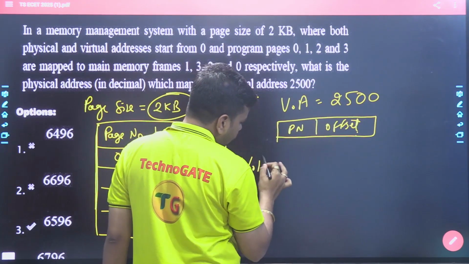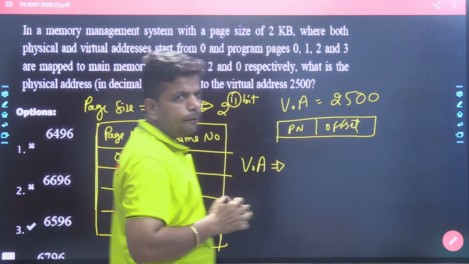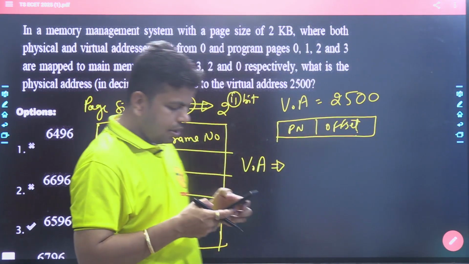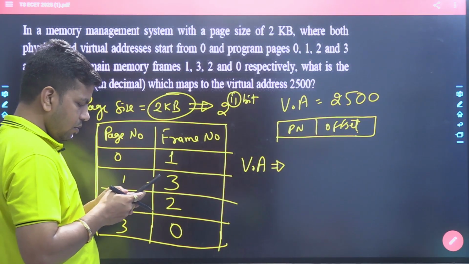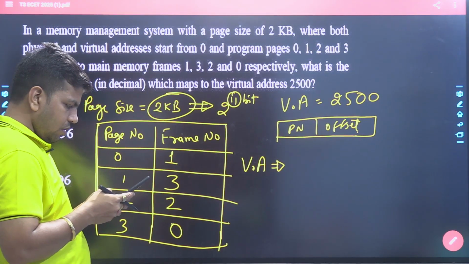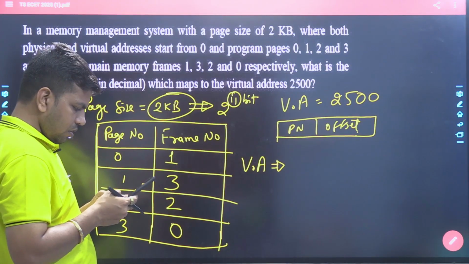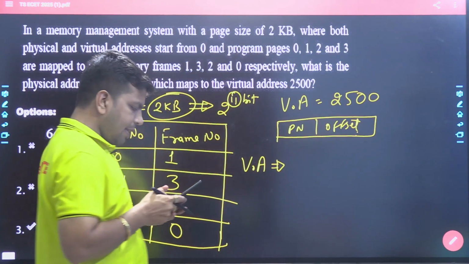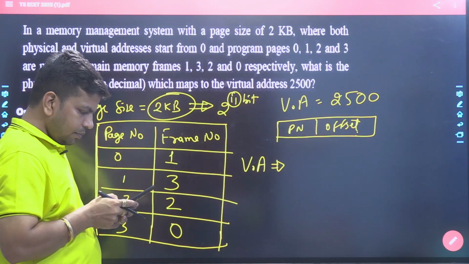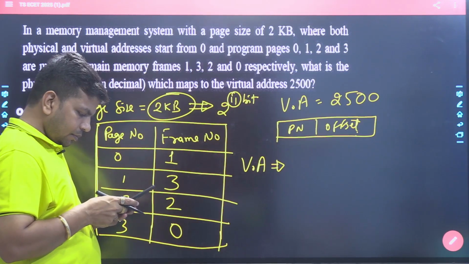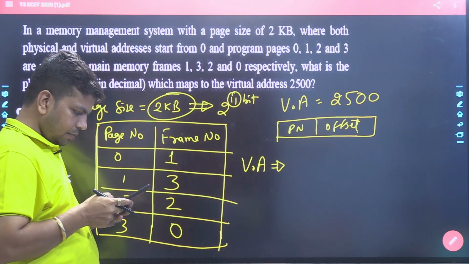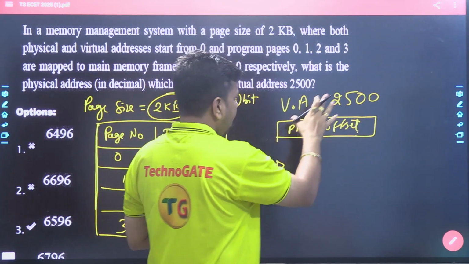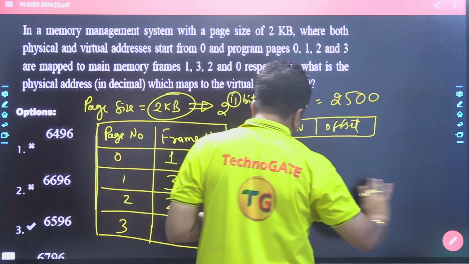First task that you need to do is convert that virtual address into binary format. Your address is going to be how many bits long?